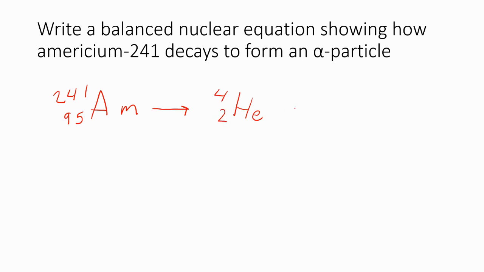Good. Okay, and then what do we end up with also? What's over here? Neptunium, okay. And what numbers go on neptunium, Corbin? 237, and 93. Okay, good.